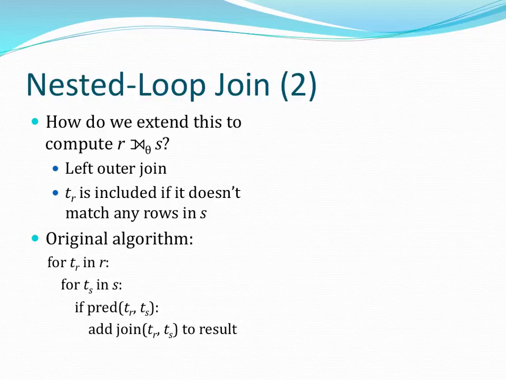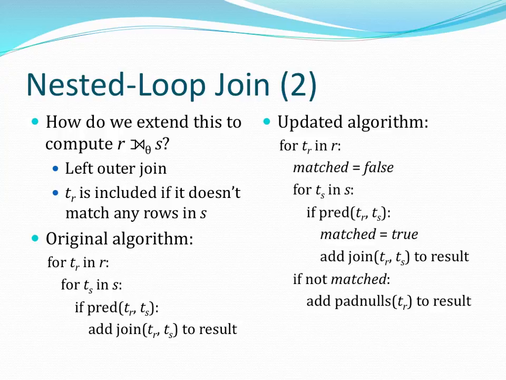Yeah, so that's basically the right approach for this problem. We have to have some state outside to keep track of whether T sub R has been matched, and we will have an inner thing in here saying, hey, I matched something. And then we can look at that after the inner for loop to see if it matched or not. So it would be something like this.